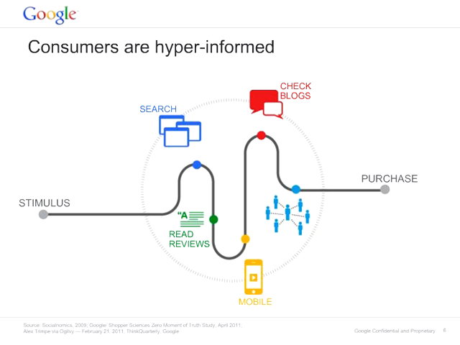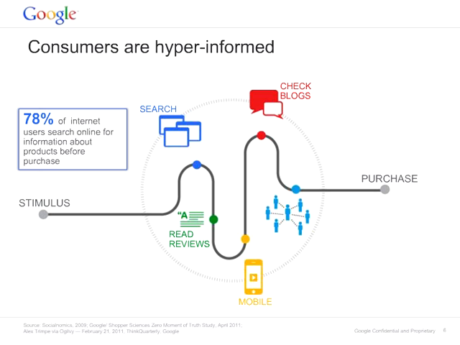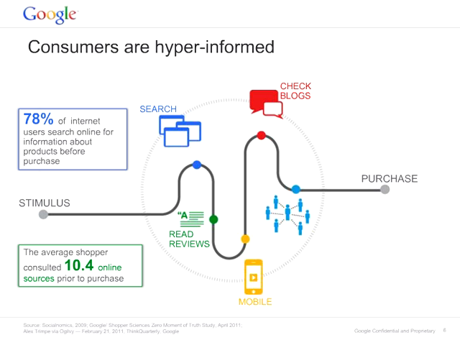4 out of 5 people go online for their research, not just for major purchases, such as cars and mortgages, but for everyday purchases, such as food or household items. In fact, the average consumer today uses about 10 different sources of information before making a purchase decision.